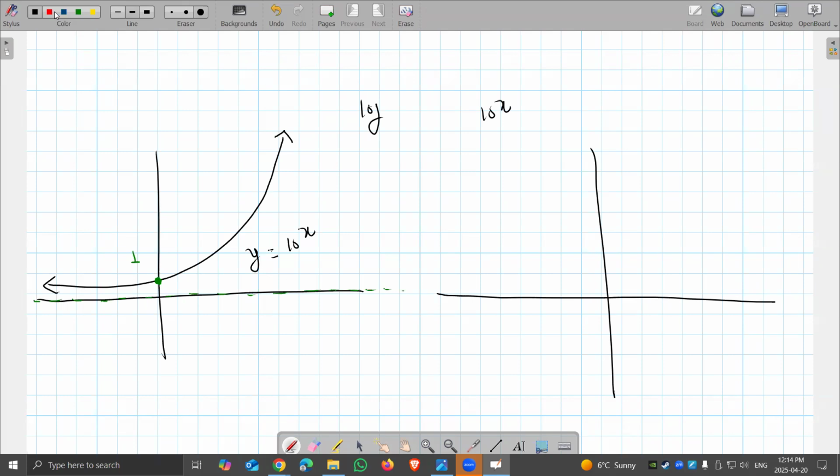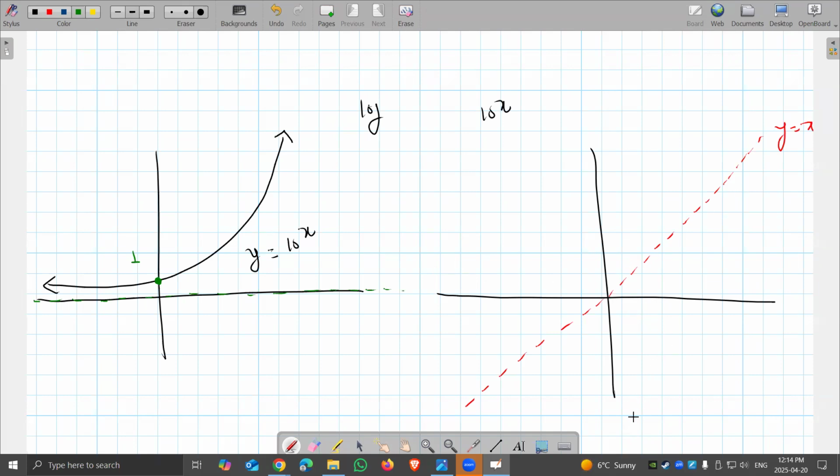Now remember, graphically, inverse is something that's reflected on the y equals x line. Algebraically, it's when x becomes y and y becomes x. So this function y equals 10 power x, the inverse would look like this.